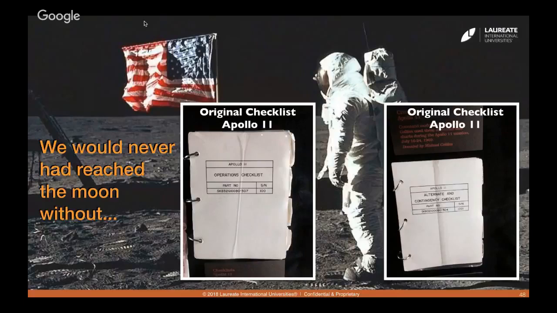We want them to reach the automatics related to those procedures. So we want them to get so familiar with those procedures that they don't need to think about them. That's why we do task training.